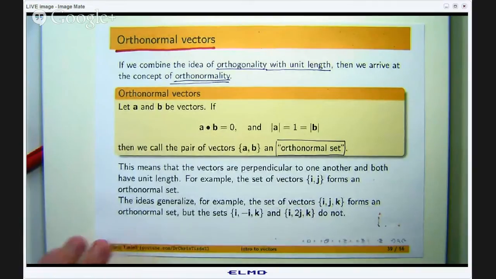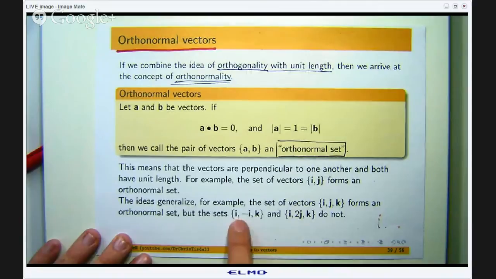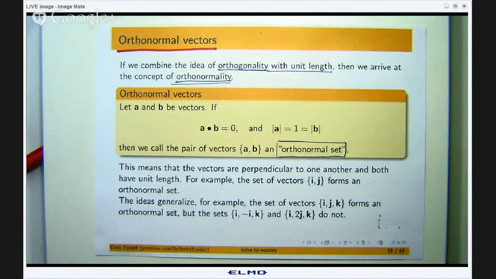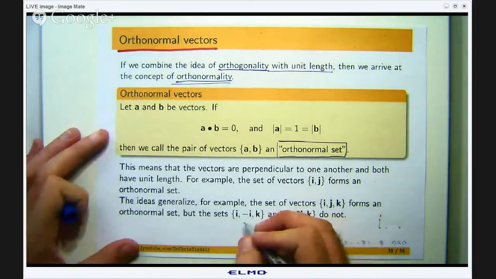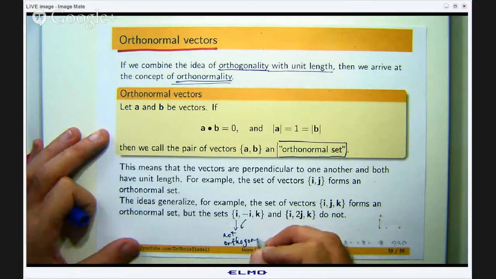Okay, but let's look at some sets that aren't orthonormal. Why isn't this set orthonormal? Each of the vectors has length 1, so the unit length property is satisfied. But this vector and this vector, the i and the negative i, are not orthogonal because they point in opposite directions. There would be an angle of pi radians between these two vectors. So that is not an orthonormal set, because these two vectors are not orthogonal.